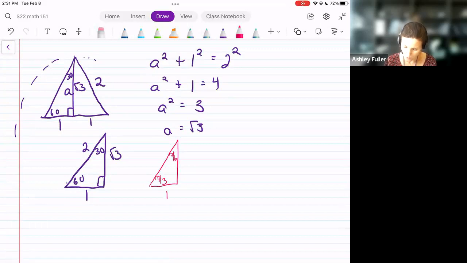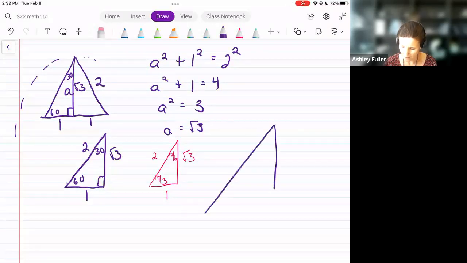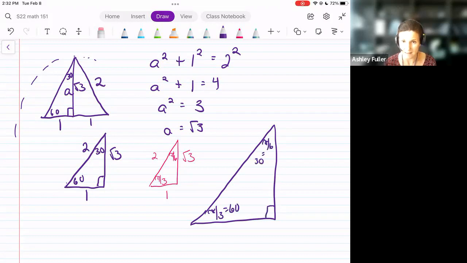If you can't remember which one goes where in terms of those relationships, remember that we have pi over 3, which is 60, pi over 6, which is 30, and this is 90. 90 is the biggest, so it's going to have the biggest number, which is 2. 30 is the smallest right here.